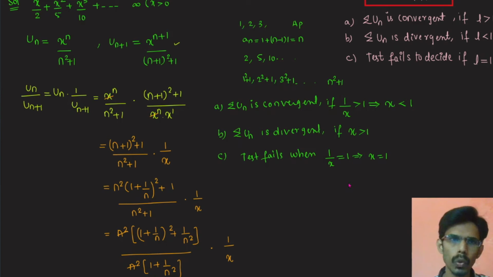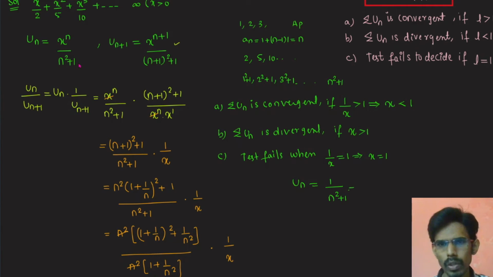Now for x equal to 1, we have this un. Put x equal to 1 in this un, then we have un will be 1 by n square plus 1. Now take n square common, then we have 1 plus 1 by n square.